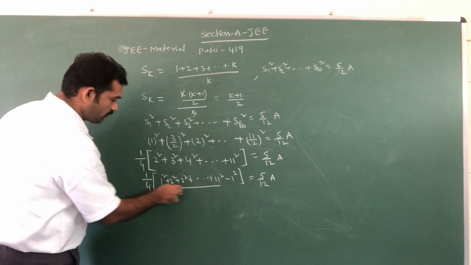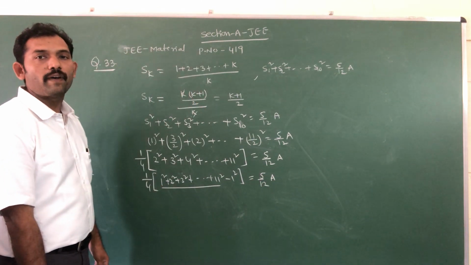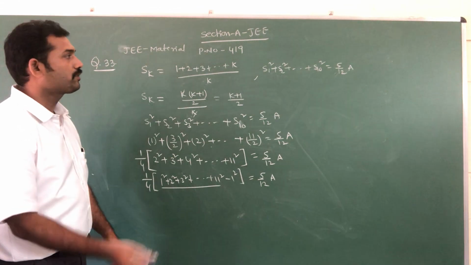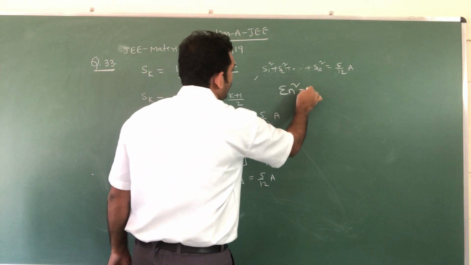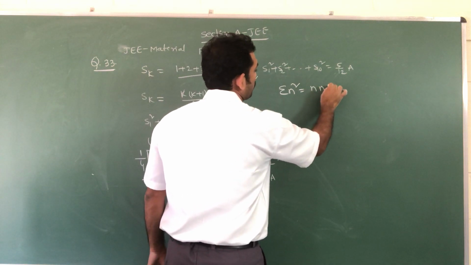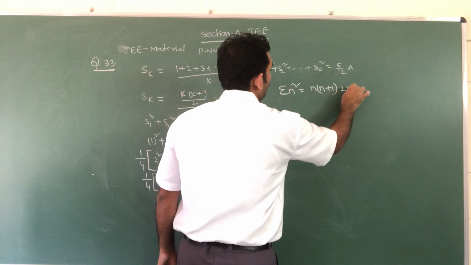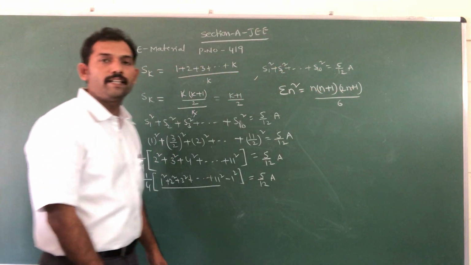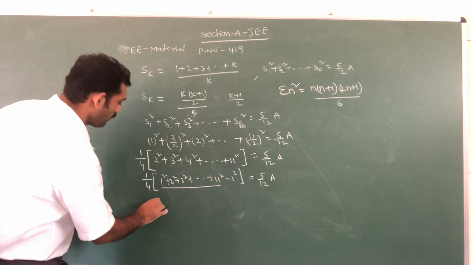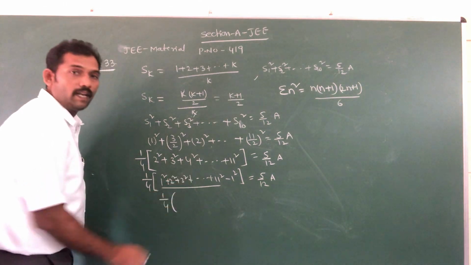So first, this is what? Sum of squares of 11 terms. The formula for sum of squares, sigma n square, is n into n plus 1 into 2n plus 1 divided by 6. There you have to substitute n is equal to 11. So 1 by 4 of 11 we substituted.